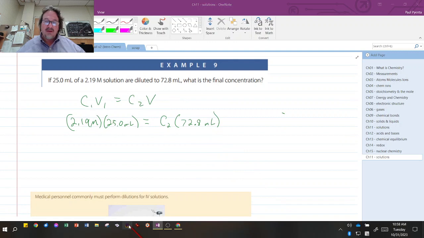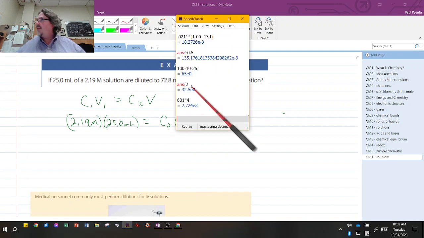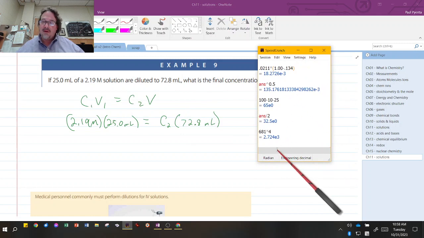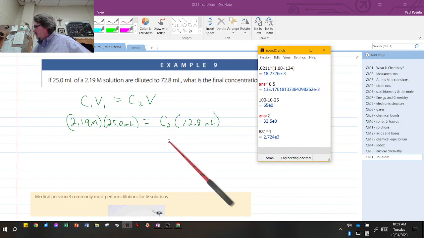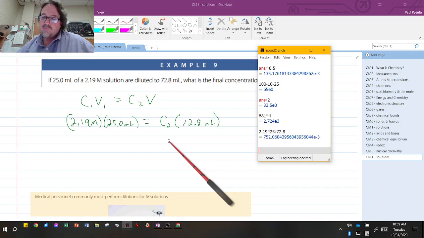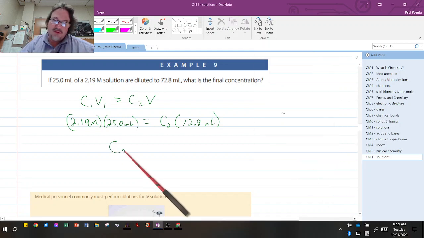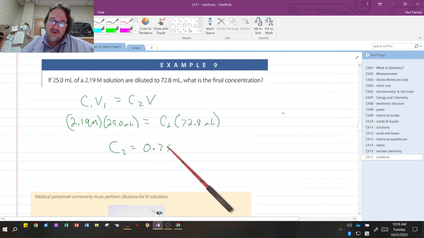At this point, all it is a math problem. Just plug it into the calculator. So let me pull that up here. And solving for C2, I've got 2.19 times 25 divided by 72.8. So 0.752. So C2 equals 0.752.